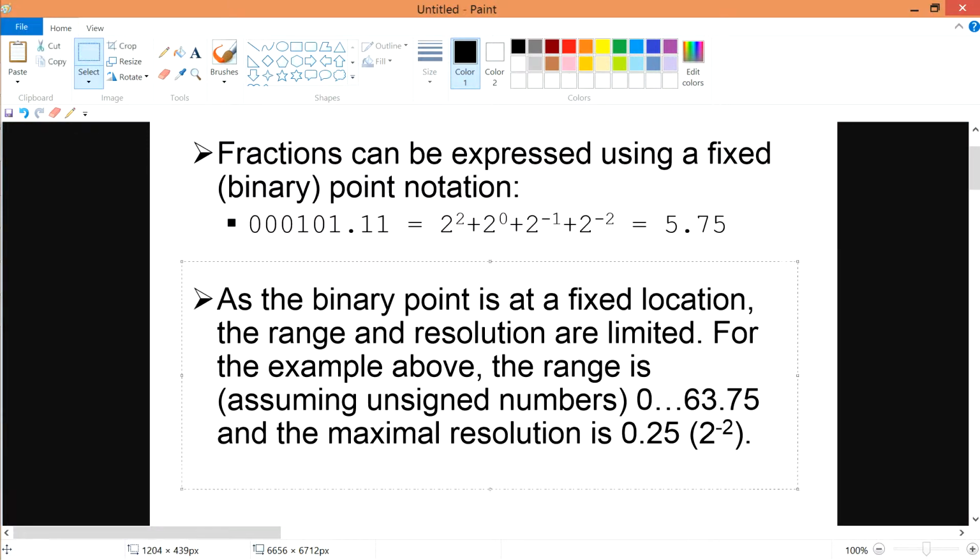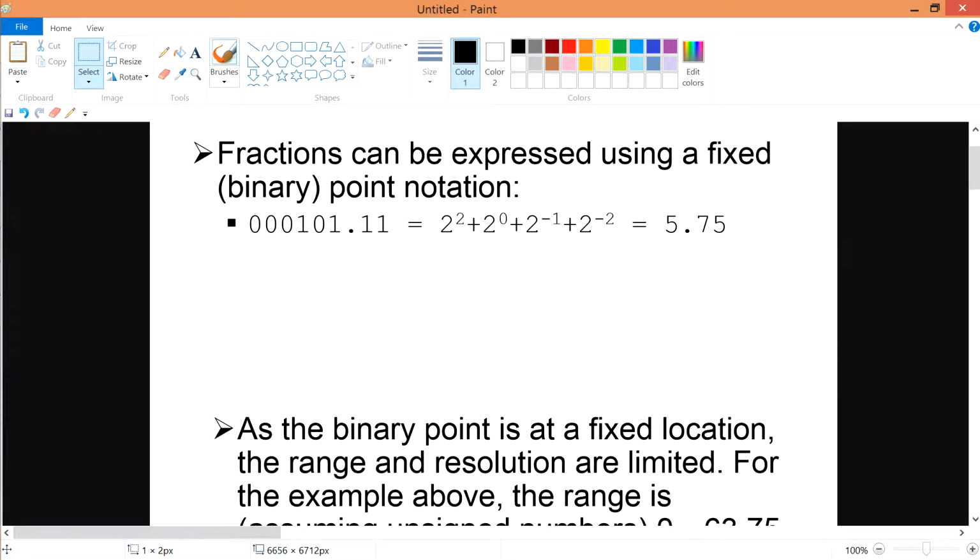So eventually you have 1 2 3 4 5 6 7 8. This is still an 8-bit system, 1 byte, but over here this is a decimal. How it works is that over here this is 2 to the power of 2. Over here is considered 6-bit and this is 2-bit.